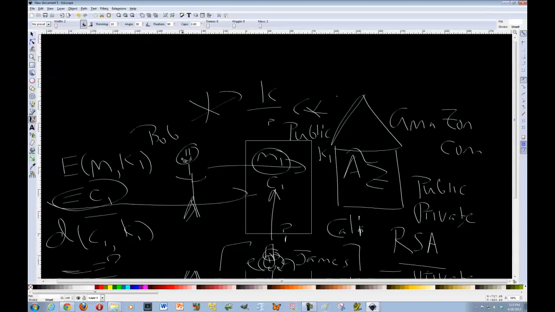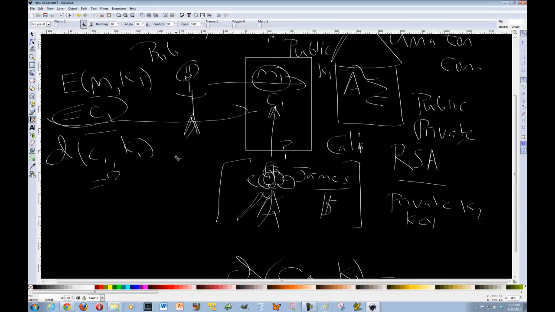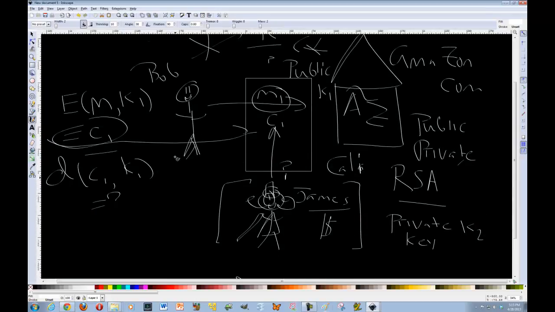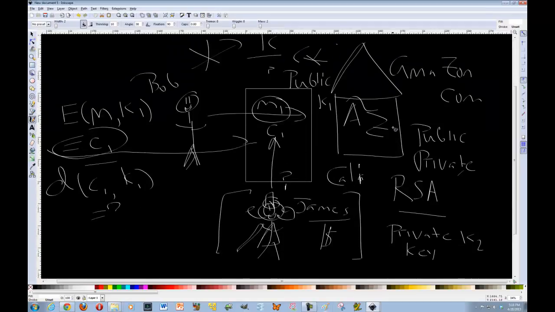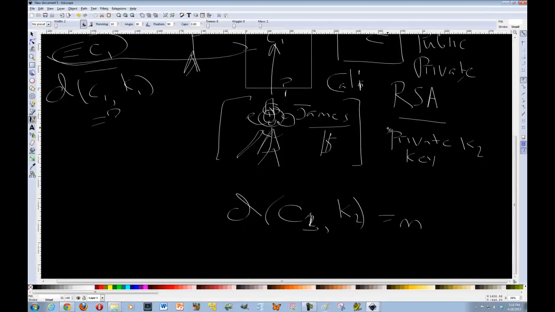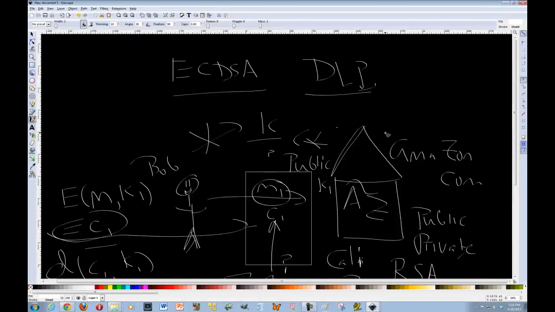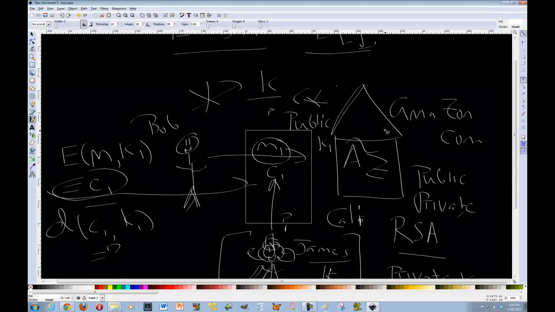Now, the details of the system are a little complex. In terms of RSA, it involves integer factorization. The system that Bitcoin uses is called the elliptic curve digital signature algorithm. There are many systems. DLP is one, and there are some next generation public-private key systems that have been invented that are very promising. But the general concept in all of these systems is always the same.